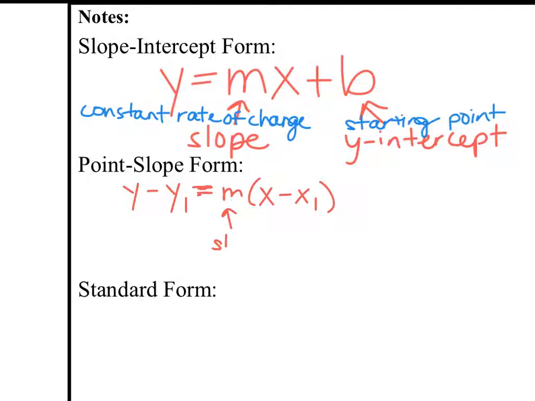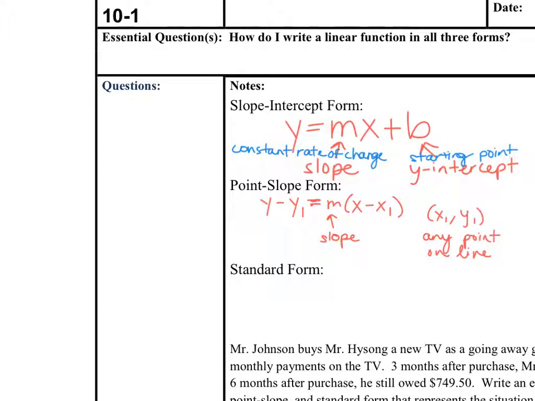And remember your x1, y1 is just any point on the line. We should probably also add out to the side the slope formula. y2 minus y1 over x2 minus x1. Great.